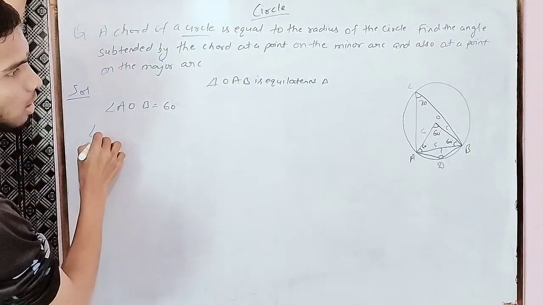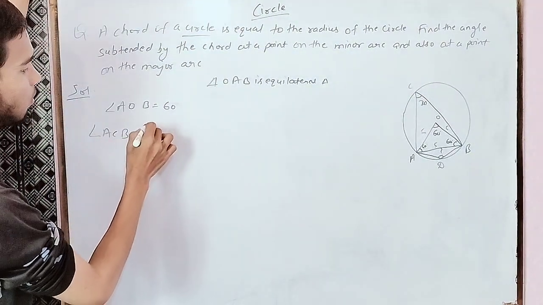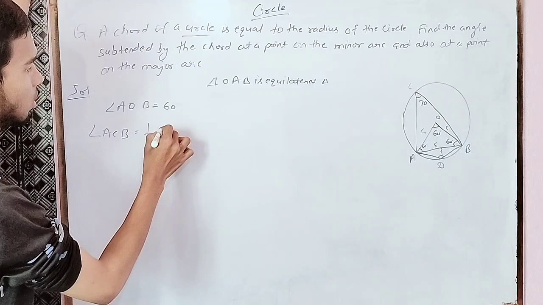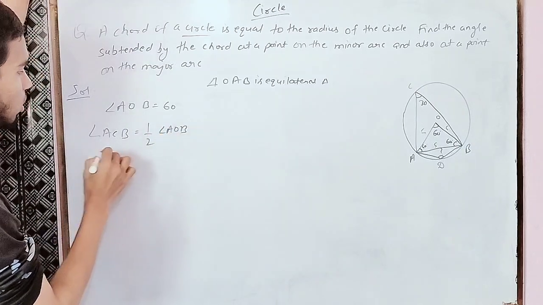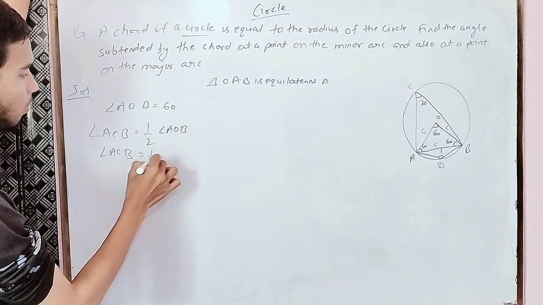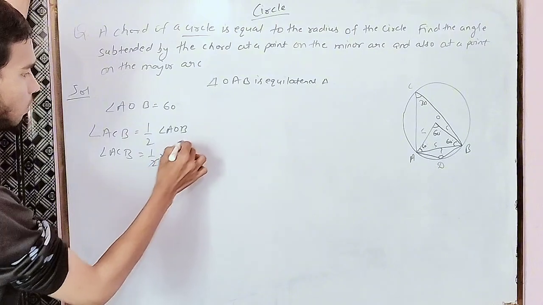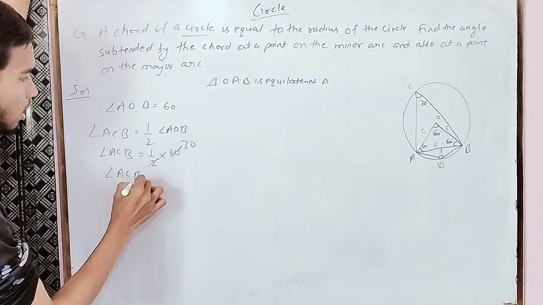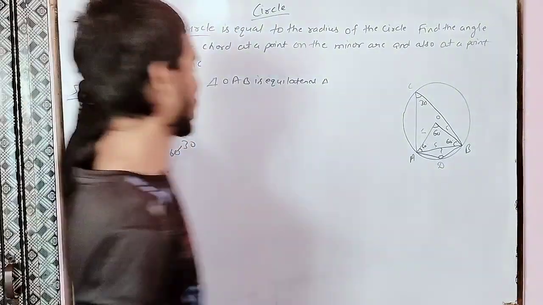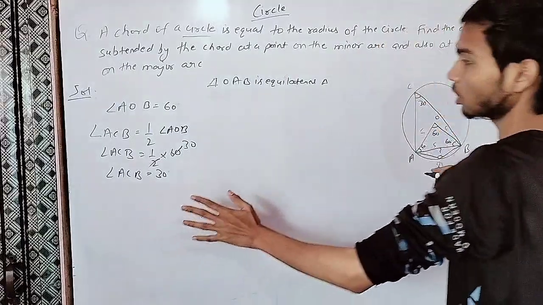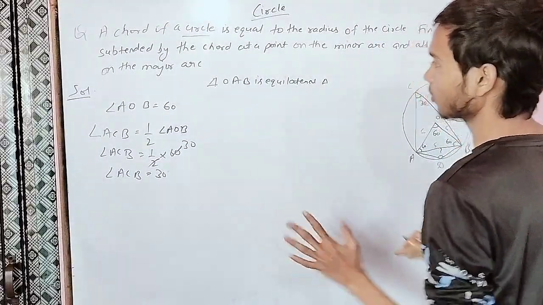So we can say angle ACB will be half of angle AOB. So angle ACB is 1 upon 2 multiplied by 60, which is 30. So angle ACB is 30 degrees. Clear? So it came by the theorem, you can say.